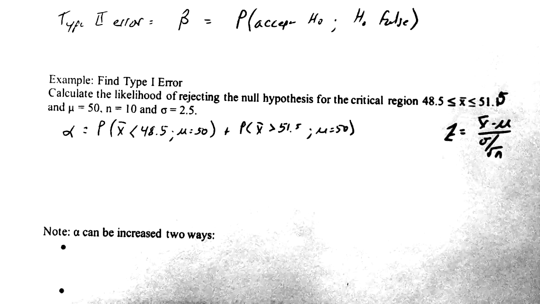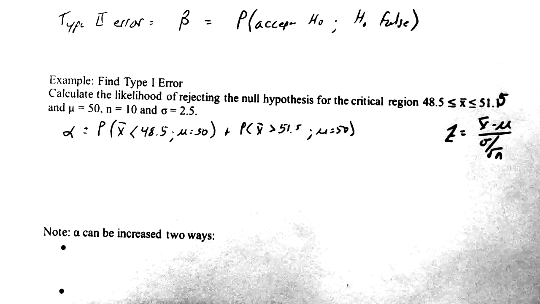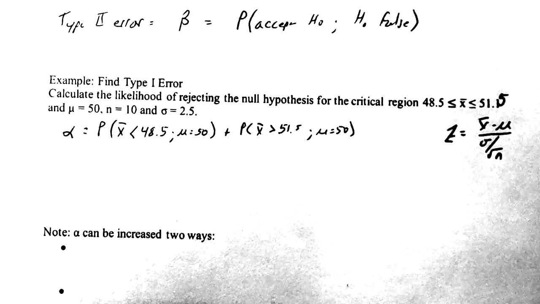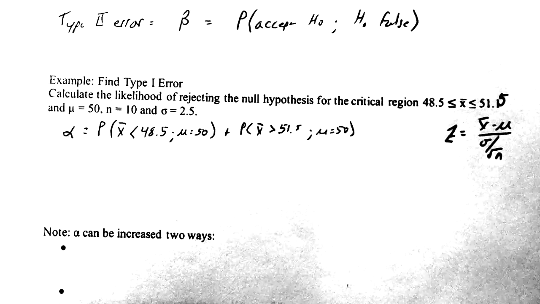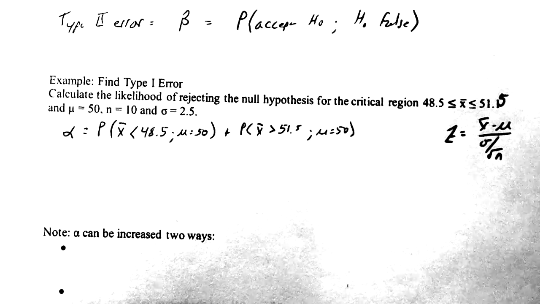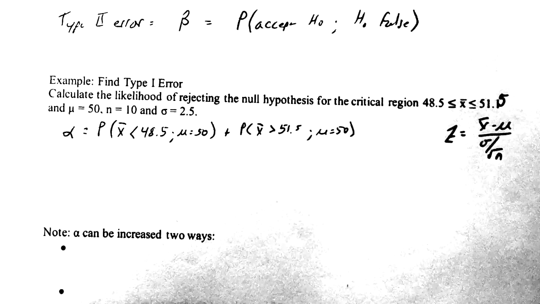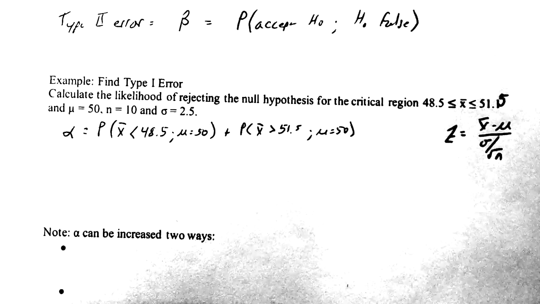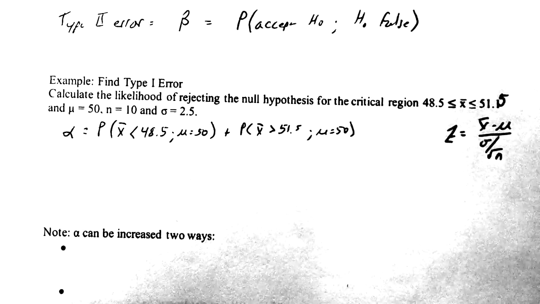So this is the same thing that we were looking at before. We had this region between 48.5 and 51.5, where we expect our sample means to fall if we know that the population mean is 50. And so we are given an n of 10 and a sigma of 2.5.